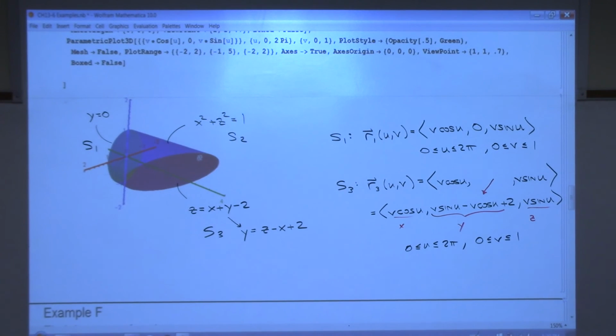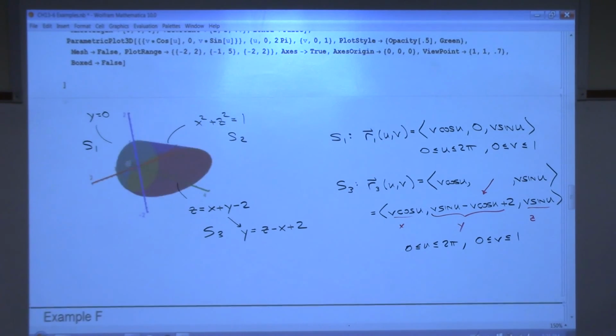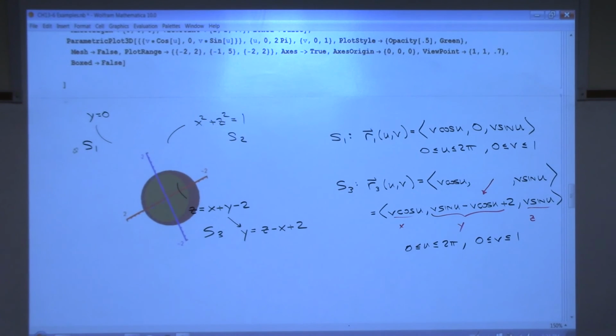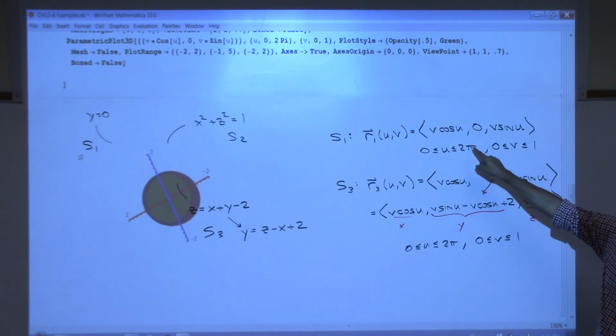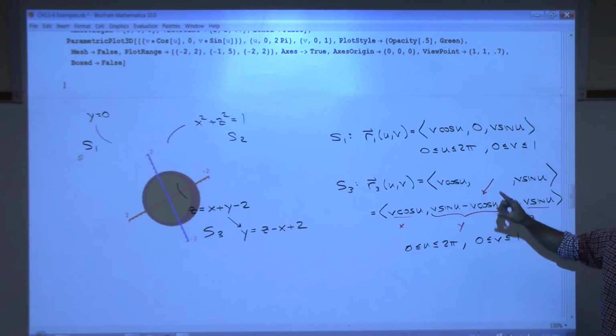So how come, I understand the u, but how come the restriction on v is the same as the first one? Again, it goes back to the idea of if you were to look at it from here, what's happening in the XZ plane is exactly what was happening with this one in the XZ plane. It just happens to vary.